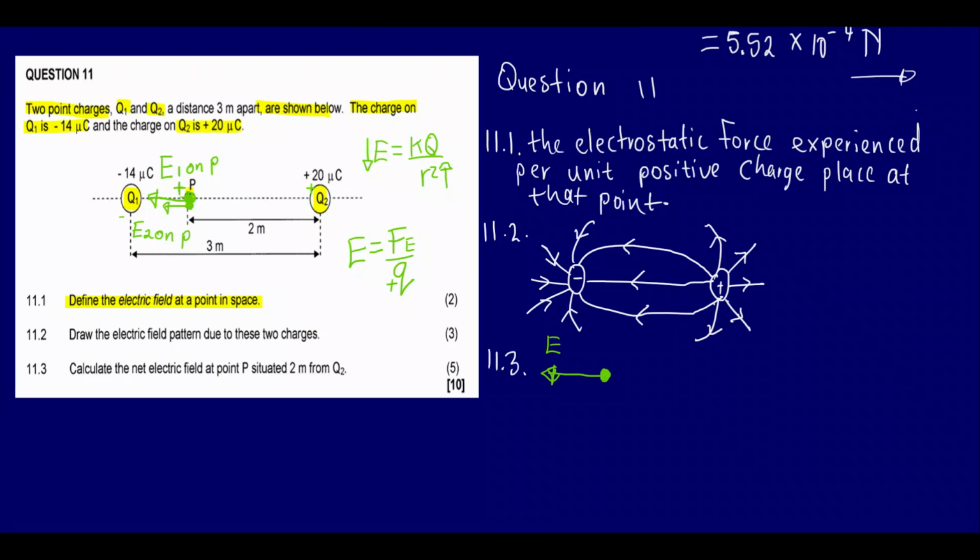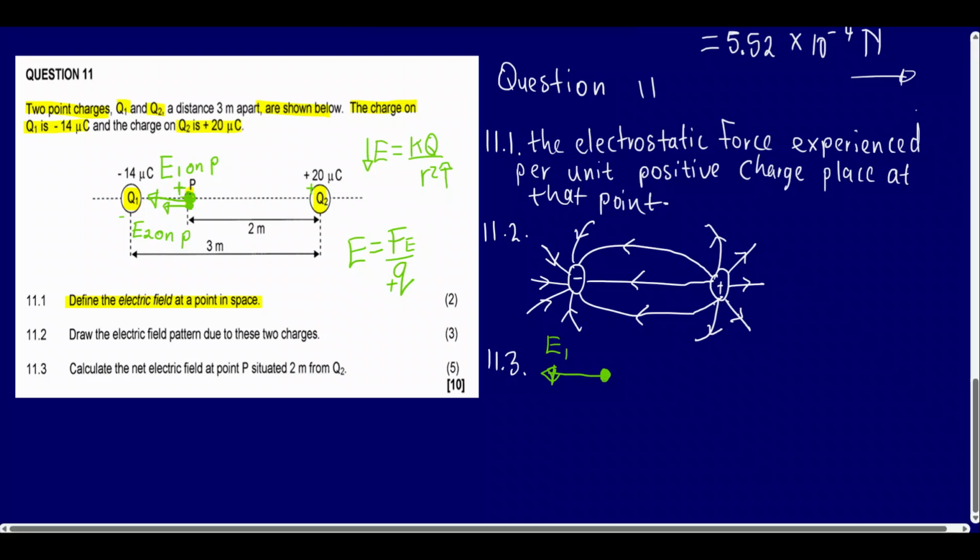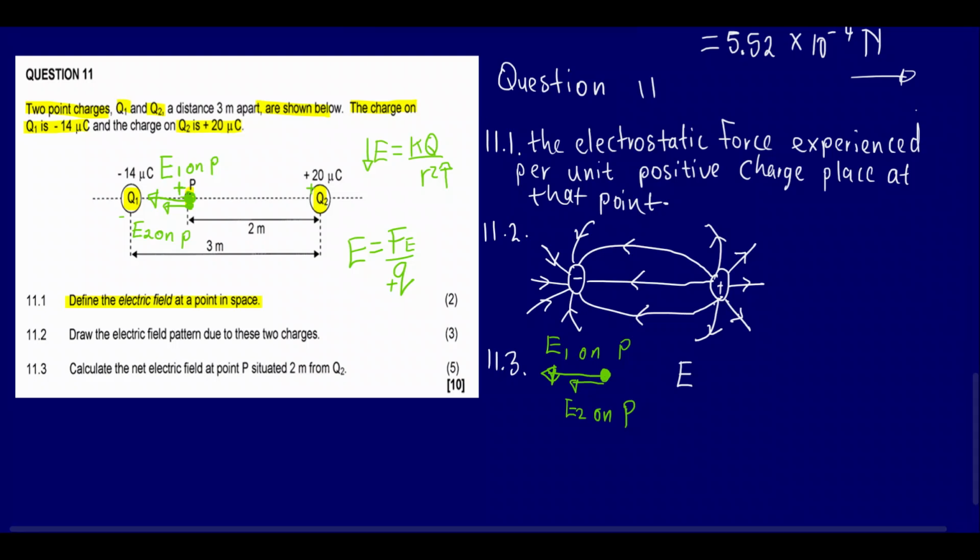The magnitude it experiences due to charge 1 is greater than the magnitude due to charge 2, because of the distance. It's closer to charge Q1, but far away from charge Q2. So this is E1 on P. Now let's draw E2 on P. It's going to be smaller than that.